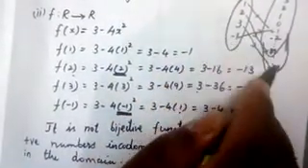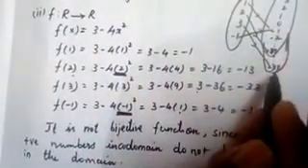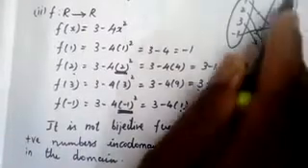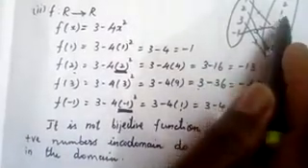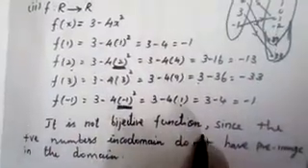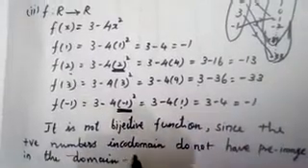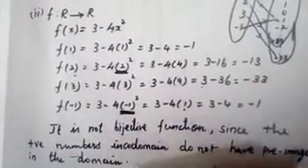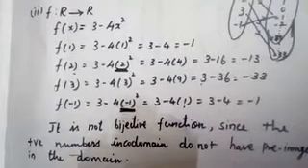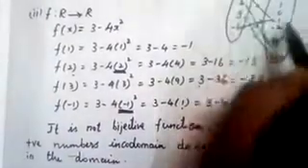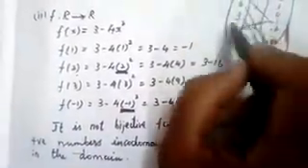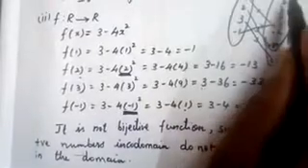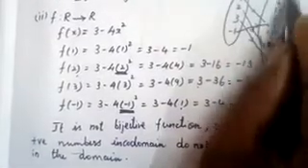We get the images as negative, no positive images. So it is not a bijective function, since the positive numbers in the codomain do not have a pre-image in the domain. So that means each one has a distinct image, but there are no pre-images for the positive values.